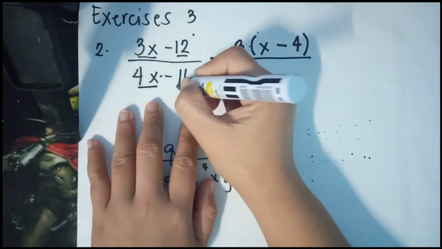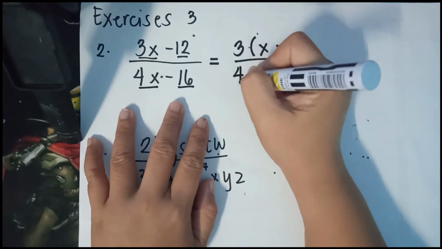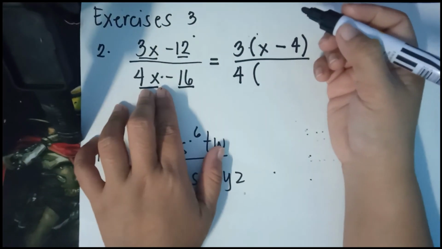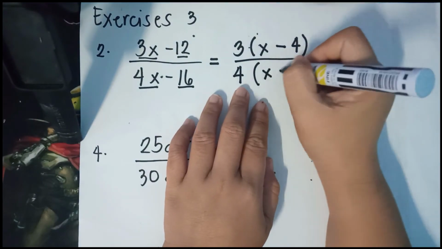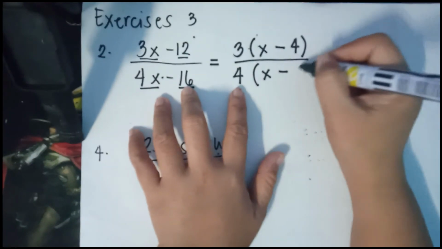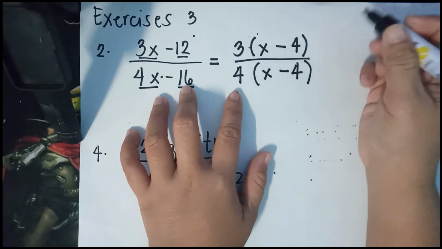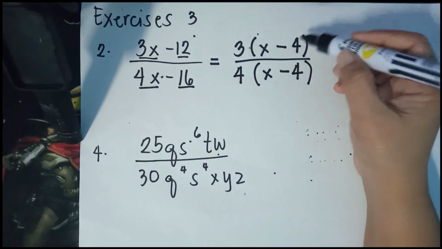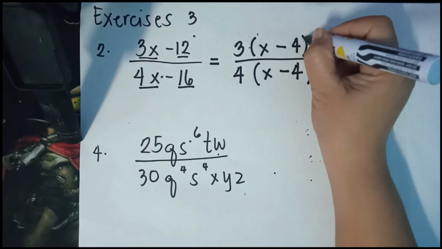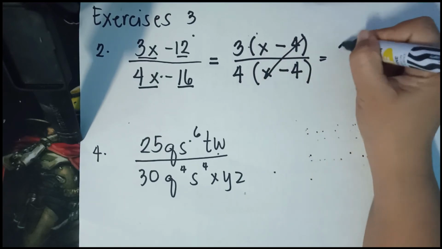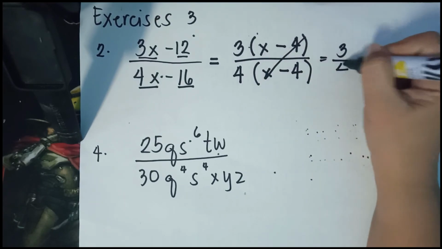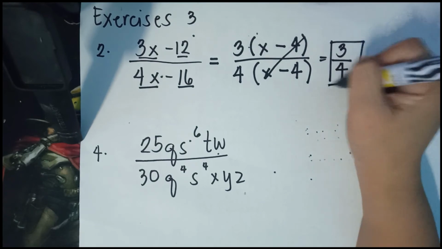Common between 4x and 16, that is 4. Divide 4x divided by 4, x, minus 16 divided by 4, that is 4. And since we have a common factor which is x minus 4, cancel out, and our final answer is 3/4.